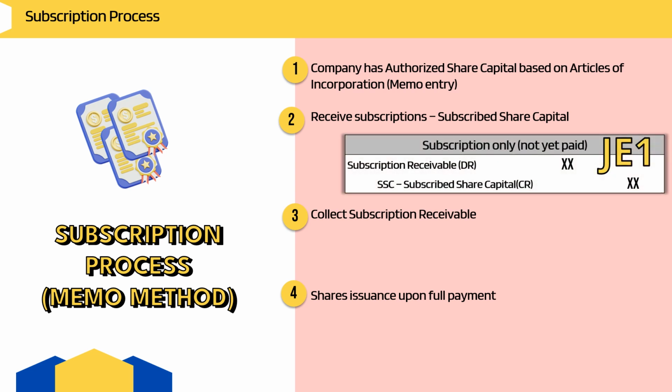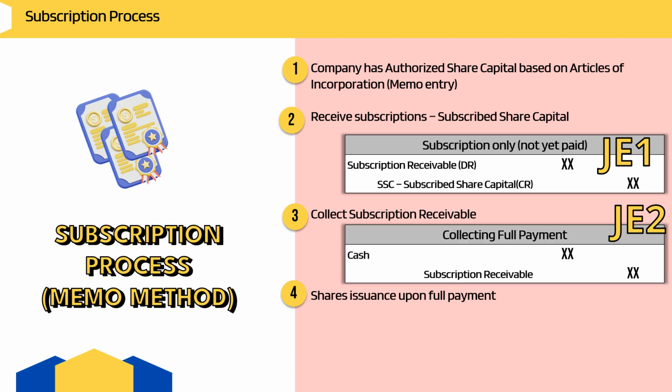So the first journal entry would be, you will debit subscription receivable, meaning this is the amount of money that you expect to receive because they subscribe to your share capital. And then you'll have what you call your SSC or subscribed share capital, right? Next is, syempre, dahil may receivable ka, for you to issue it, you'll collect subscription receivables. So basically, in order for you to recognize the subscription receivable, what you'll do is you'll have to receive cash.